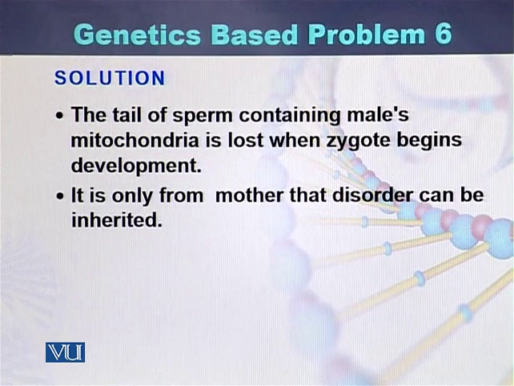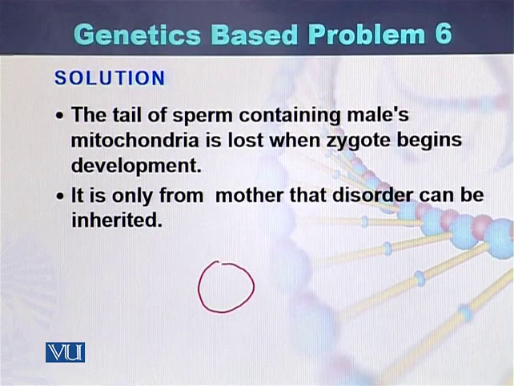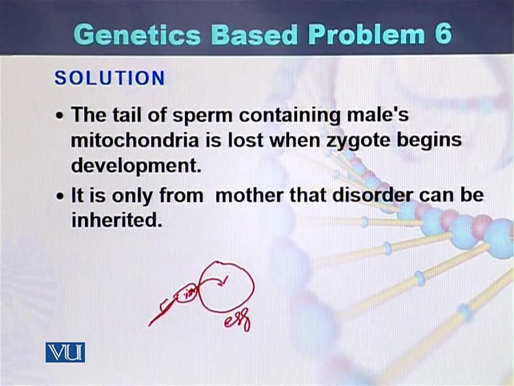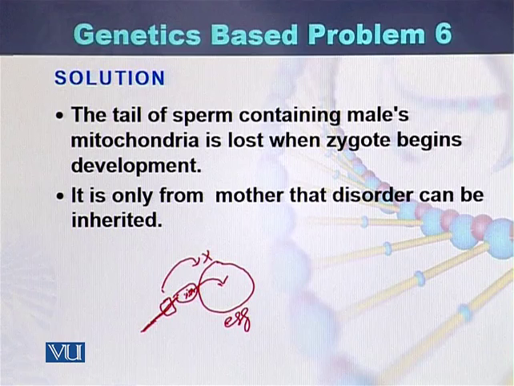So based on this information, if this is the egg and this is the sperm, in the case of the sperm, only the head part DNA will enter into the egg. The mitochondrial DNA is present at the tail, and this mitochondrial DNA will not enter into the egg.